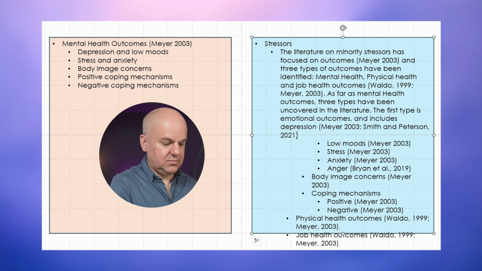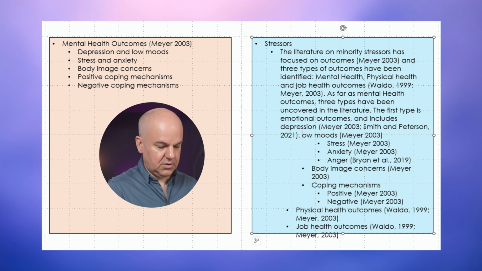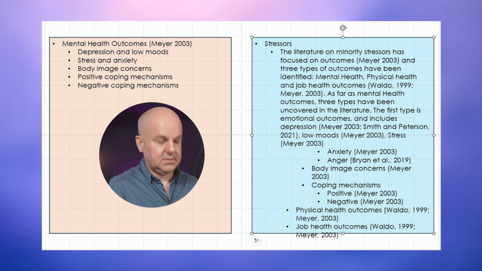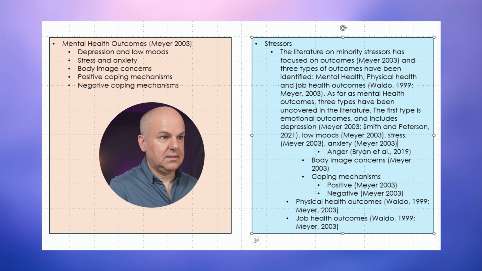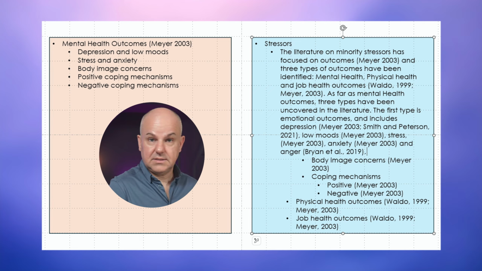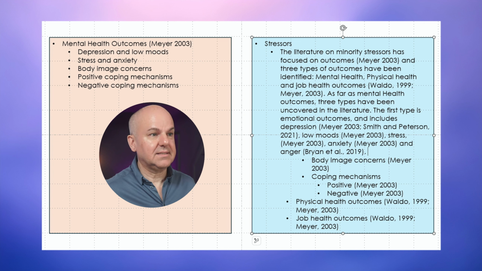So we do that, and then do that, low moods, stress, anxiety, and anger. See how quickly I am able to write?